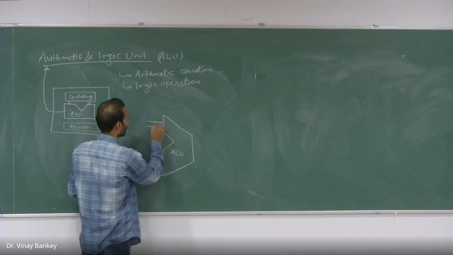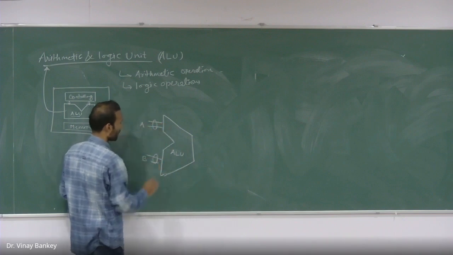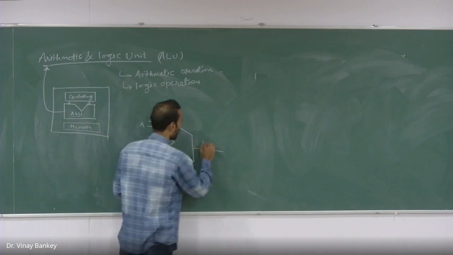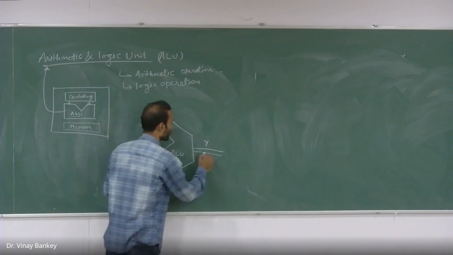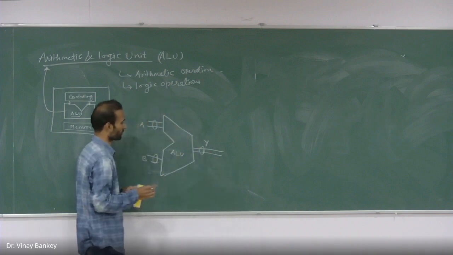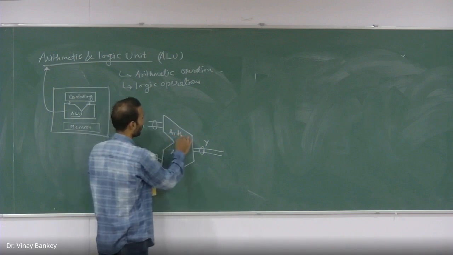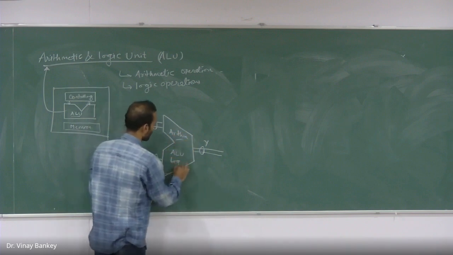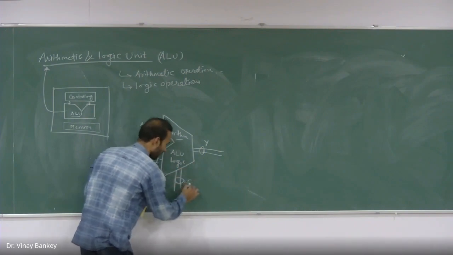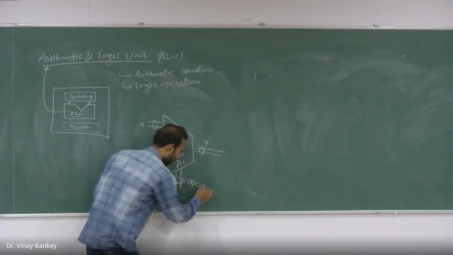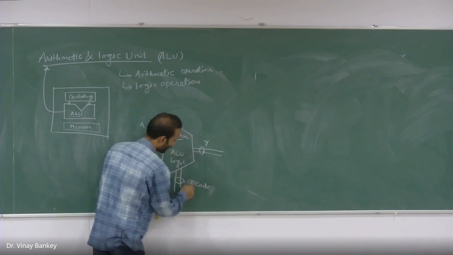There will be input data A and B, and there will be one output Y, which is also a bunch of outputs. And to decide which operation to perform, arithmetic or logical, there should be a few control lines, and these are called opcodes. Opcode means operation code.